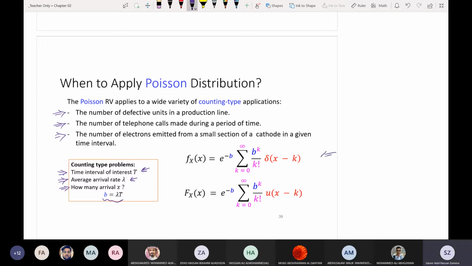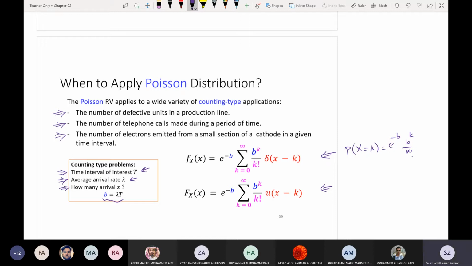And the way we calculate it is this PDF, and this is the CDF. As we said, the PDF is based on the fact that the probability that X equals K equals e to the minus B, B to the K, divided by K factorial. This is the way we calculate it.